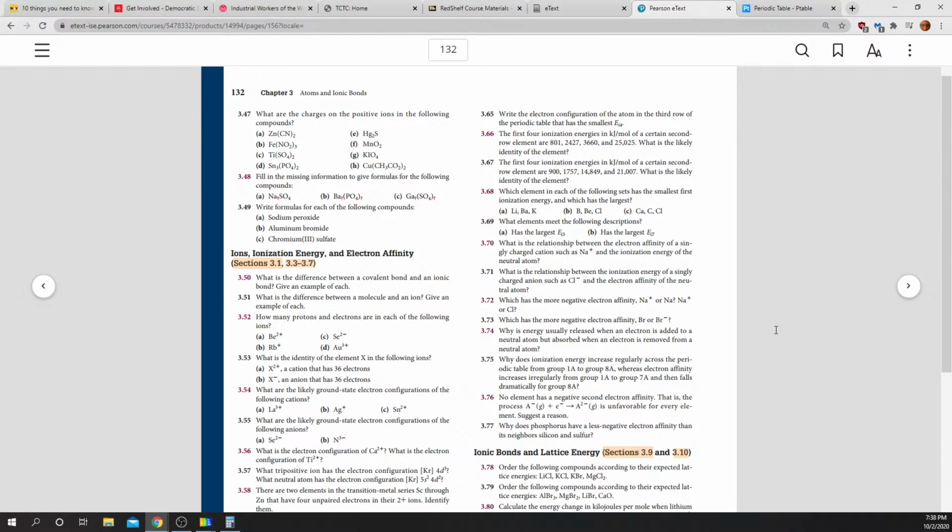76. No element has a negative second electron affinity. Oh, okay. The process A minus plus electron to A 2 minus is unfavorable for every element. Really? Well, that's because it has a negative charge, and like charges repel.